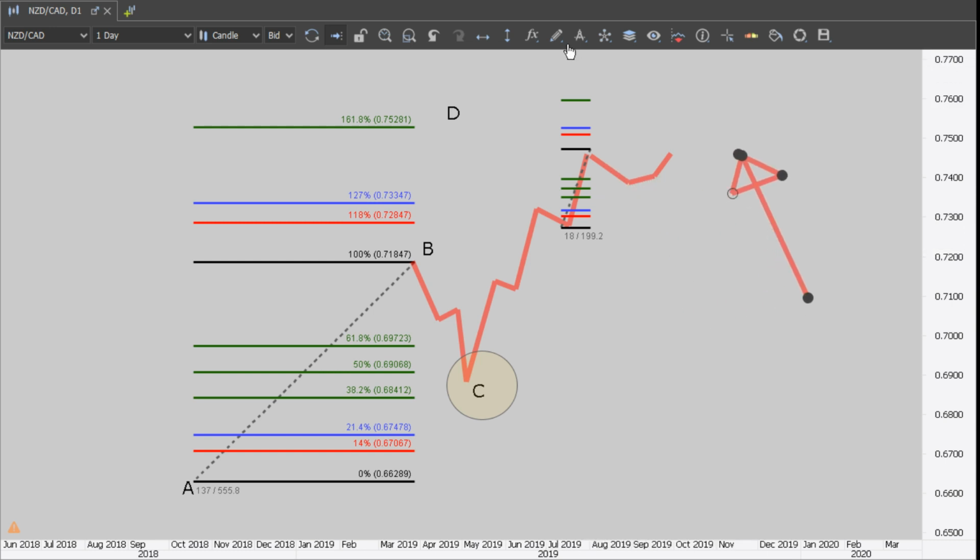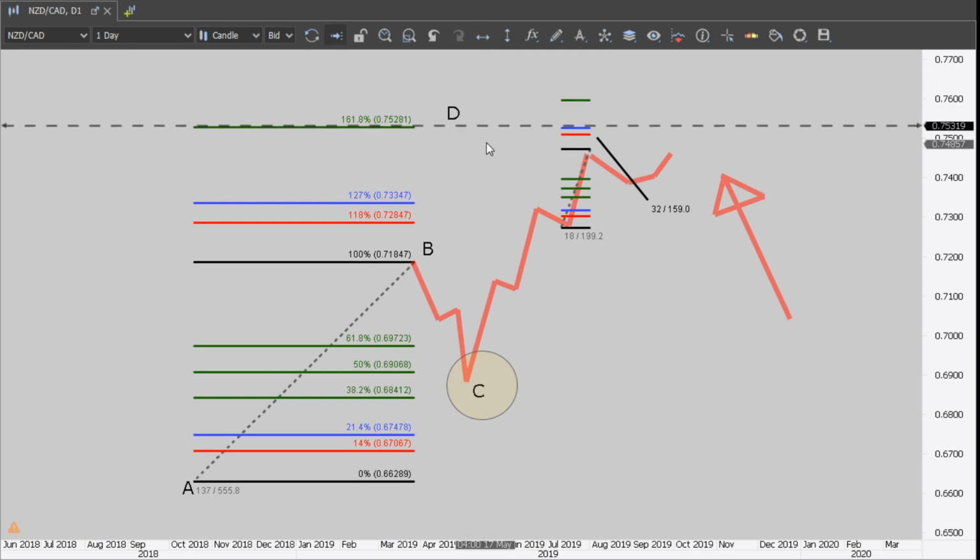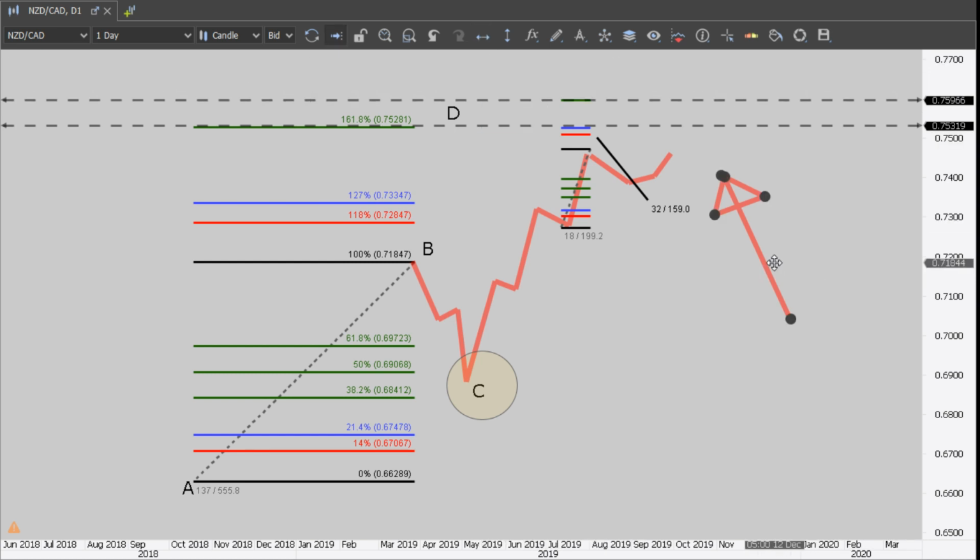Let's say that we are going to enter in here, counter trendline break. Where should you take your profits? Should you take your profits at the level of the original Fibonacci D extension, or at the D extension of the Fibonacci of the confirmation?